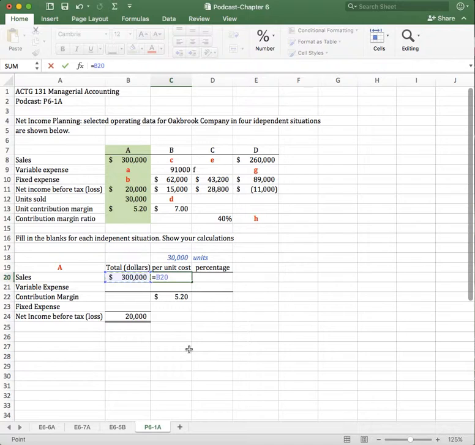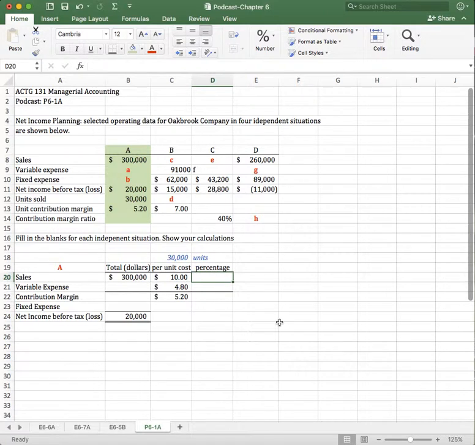So we take the total sales dollars and we divide it by the total units sold. So here we can see that the selling price per unit is $10. Contribution margin is $5.20. That was given. Therefore, the variable per unit cost is $4.80.